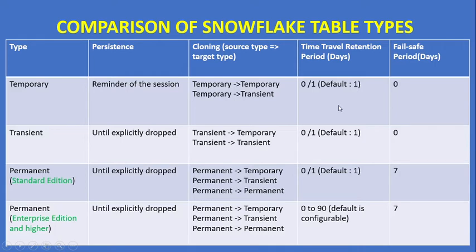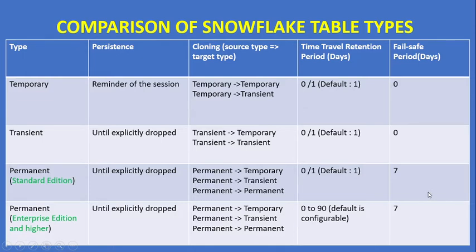However, the time travel retention period for standard edition is the same as temporary and transient: default is 1, or 0 or 1, and fail safe is 7. Whereas for permanent tables in enterprise edition and higher, the default is configurable. That means we can configure how many days we want by using the parameter named time travel retention period in days. It could be 0 to 90 days, and fail safe period is 7 days.